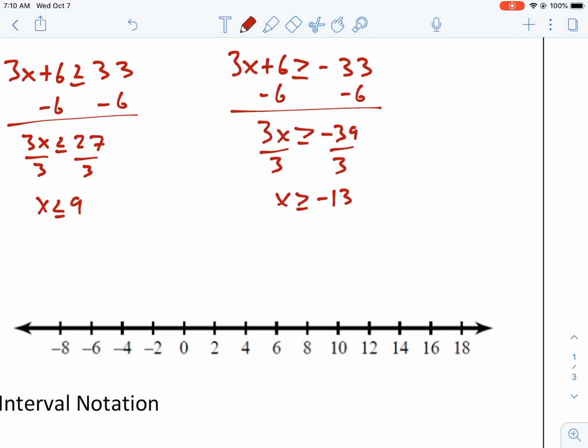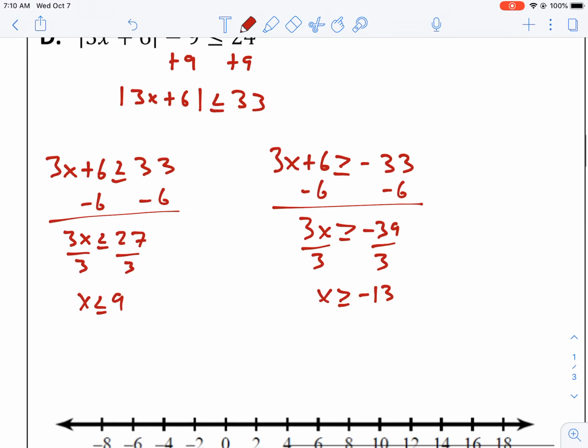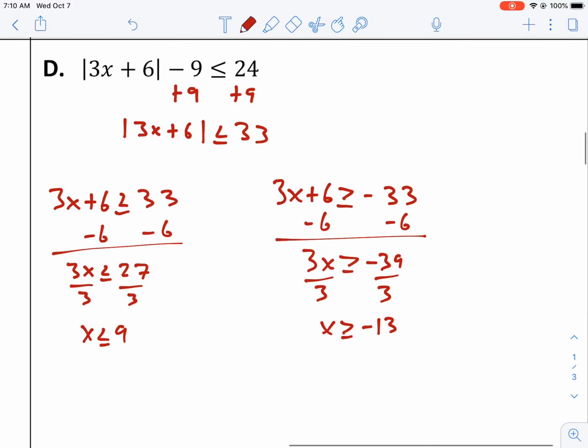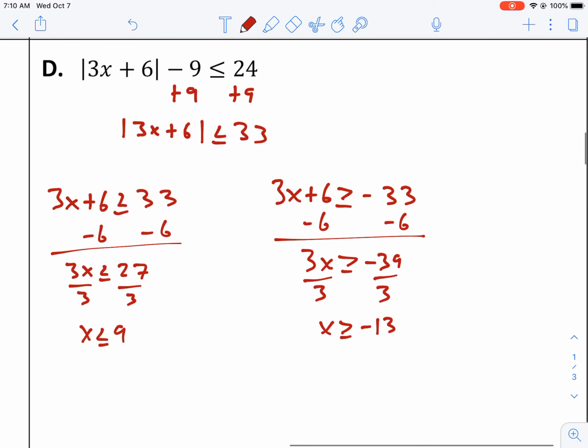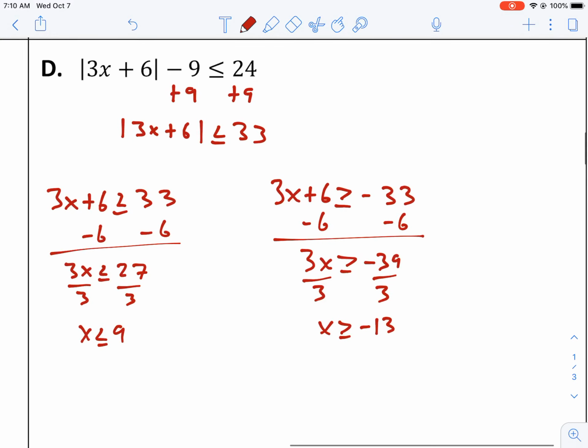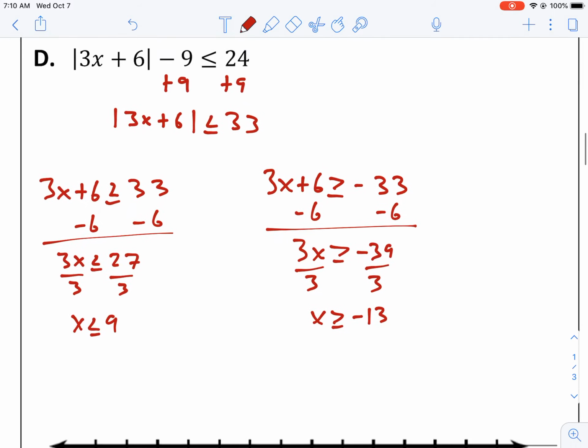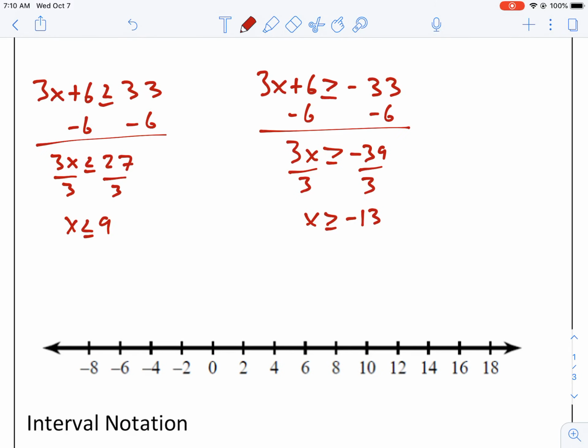So that can't even fit on here. Do we do something wrong? I don't think we did anything wrong, guys. I think that this graph is wrong.